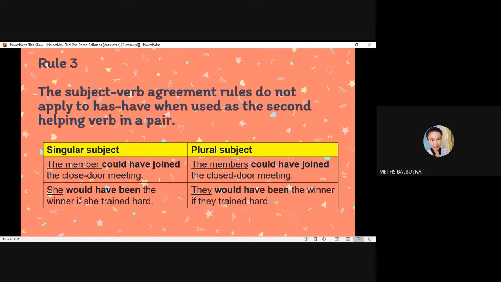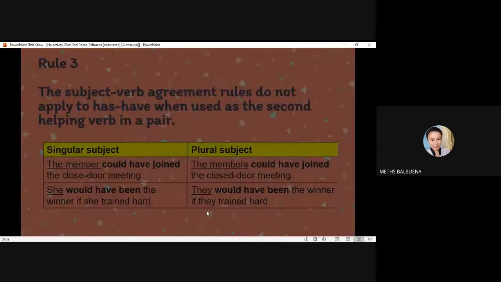And in singular, "She would have been the winner if she trained hard." In plural, "They would have been the winner if they trained hard." So remember, in rule number three, the subject-verb agreement rules do not apply to has and have when used as the second helping verb in a pair.